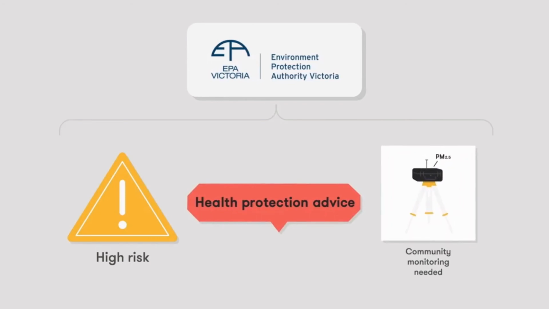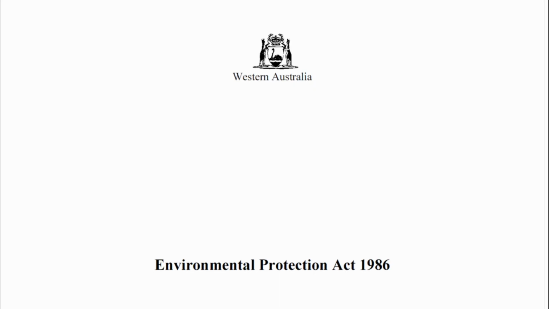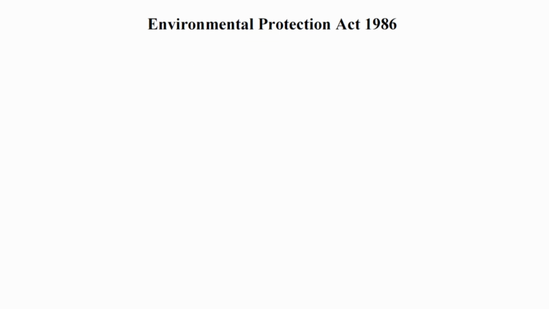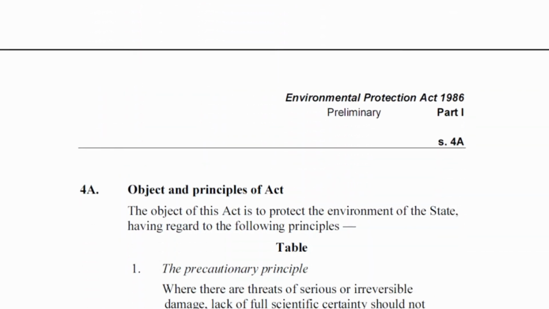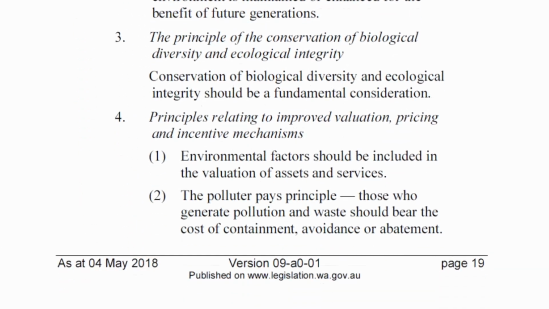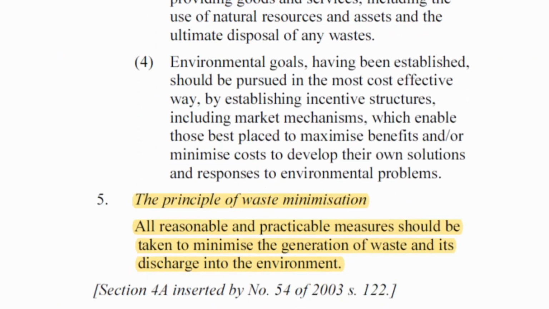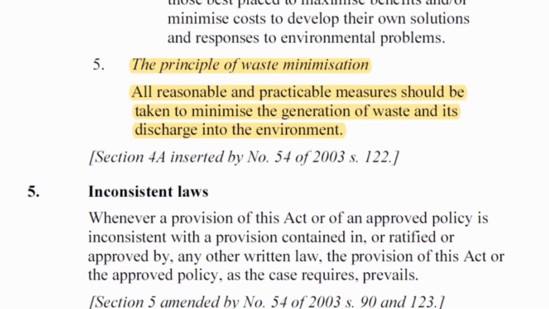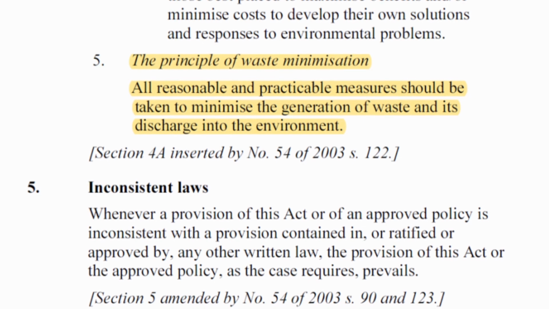Finally, the EPA's primary focus is maintaining air quality and minimizing emission for human health. It also recognizes the principle of waste minimization as set forth in the Environmental Protection Act 1986.